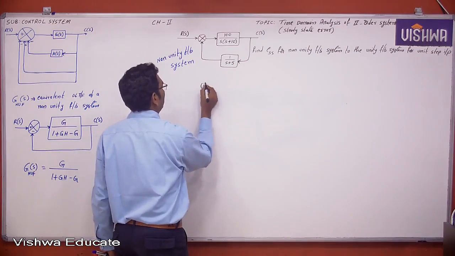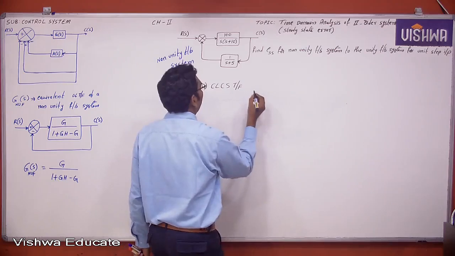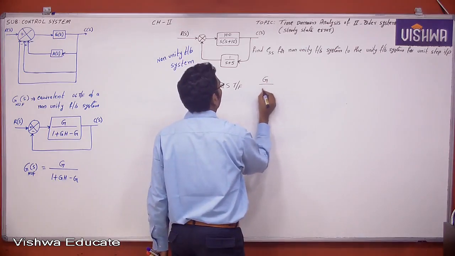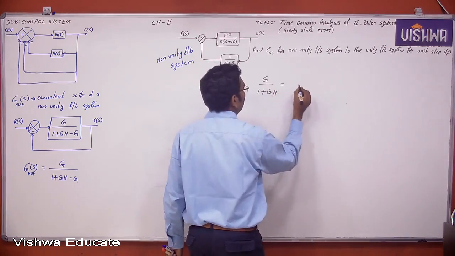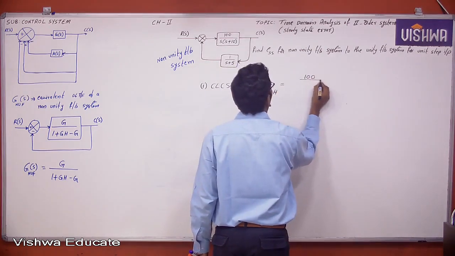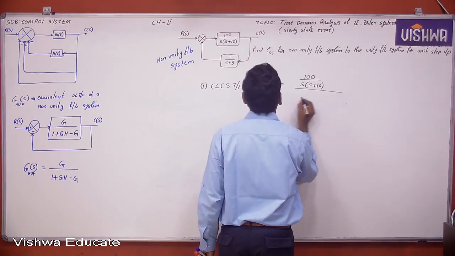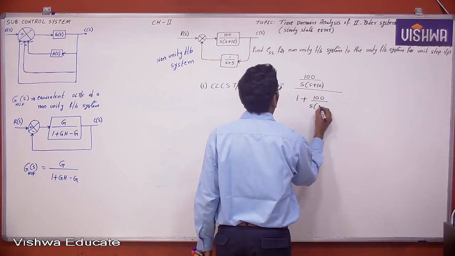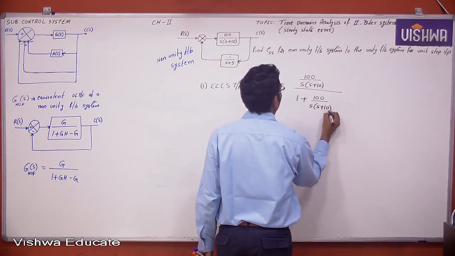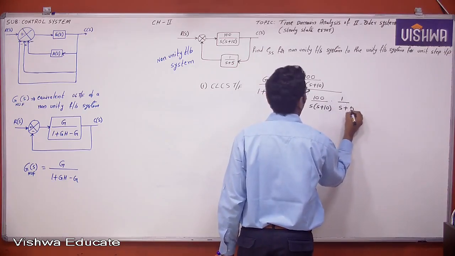This is step 1. The closed loop control system transfer function is G by 1 plus GH. How much? This is nothing but 100 by s into (s plus 10), divided by 1 plus 100 by s into (s plus 10), into H, which is 1 by (s plus 5).